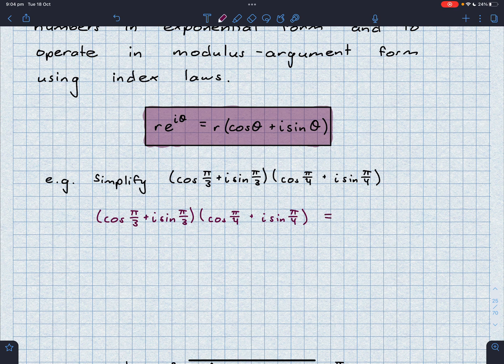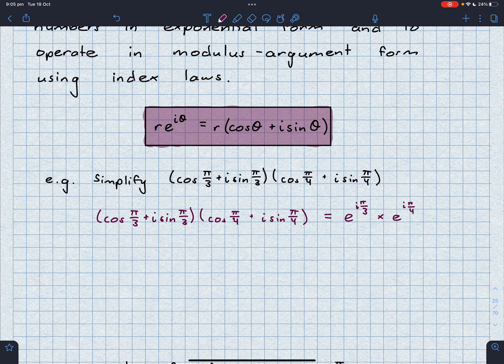That first complex number, cos pi on 3 plus i sine pi on 3, can be rewritten in exponential form as e to the i pi on 3. The modulus is 1, so we don't need to write anything there. Multiplied by the second complex number, cos pi on 4 plus i sine pi on 4, is e to the i pi on 4.